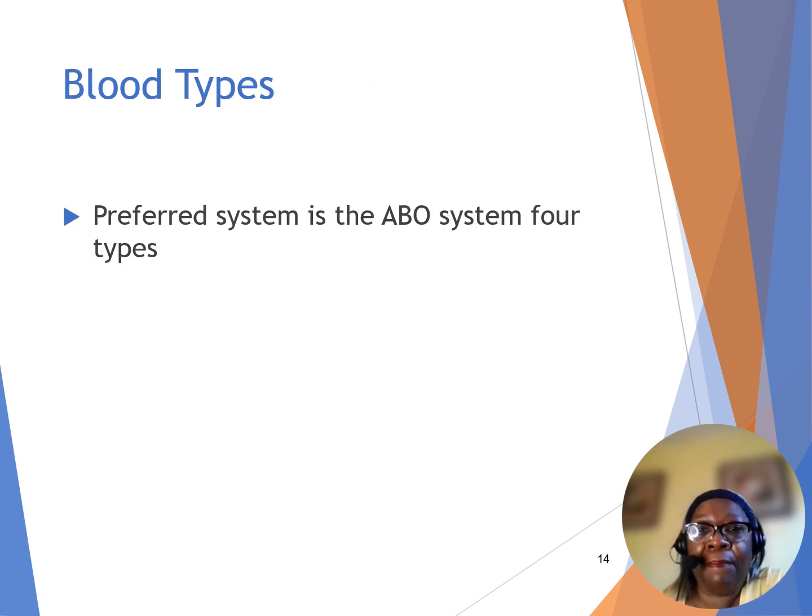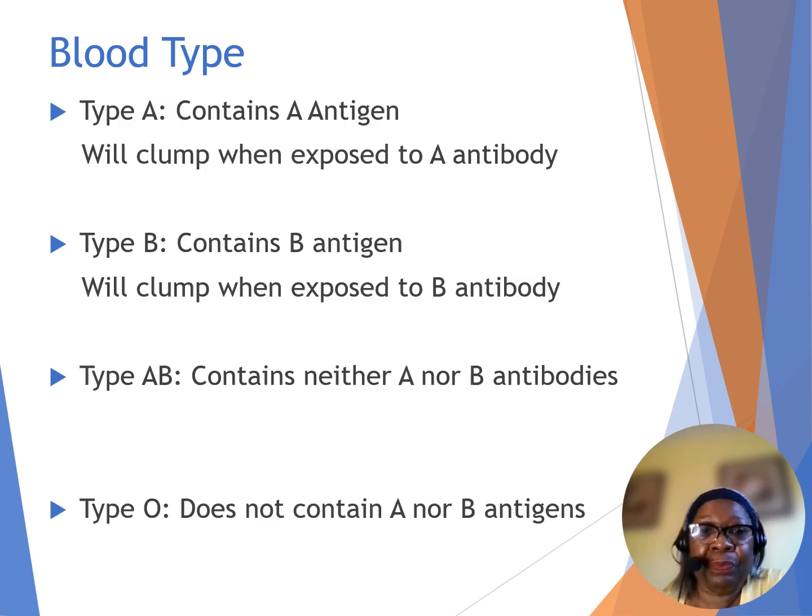All right, now let's look at some blood types. Blood typing or grouping is the ABO system. That is the preferred system for the four types, and they are A, B, AB, and O. This slide tells you why we must make sure our patients get the proper blood type.